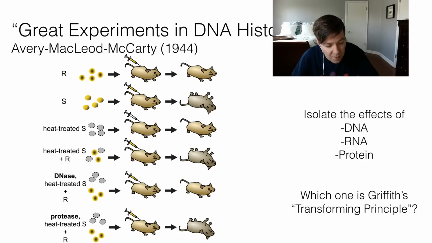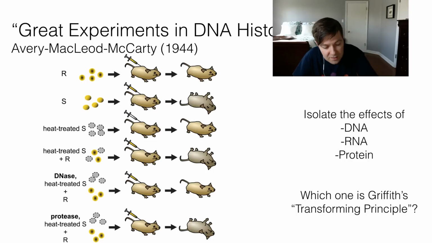And so if you treat Griffith's experiment with protease or RNase, and you essentially destroy the proteins or the RNA of those dead virulent bacteria, it doesn't change the outcome of Griffith's experiment.